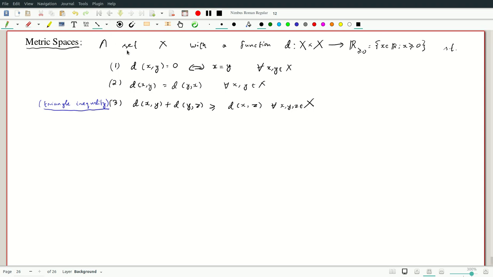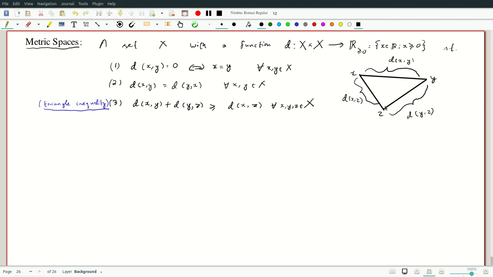And why is it called the triangle inequality? Because it is simply the statement that if I have a triangle, and the vertices of the triangle are x, y, and z, then this distance here is distance of x, y, here we have the distance between y, z, and this is the distance between x and z.